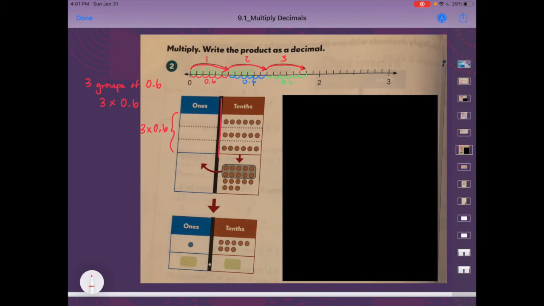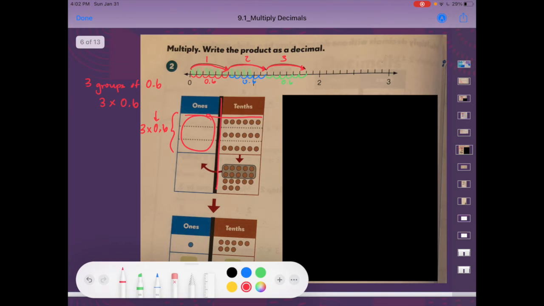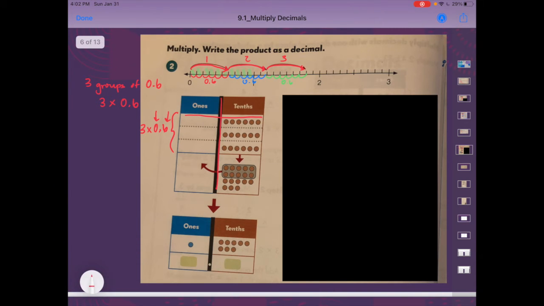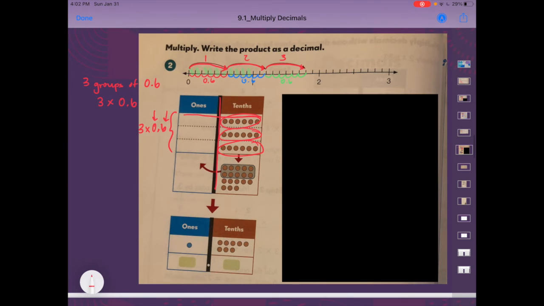Let's look at this on a place value chart to see what this would look like. So in 6/10 we have 0 ones, so no ones are represented on the place value chart. We have 6/10, so we have one group of 6/10, two groups of 6/10, three groups of 6/10, which gives us 18/10, and that's what's represented down here.